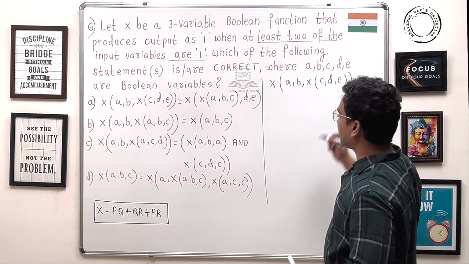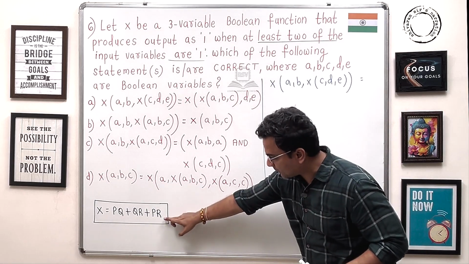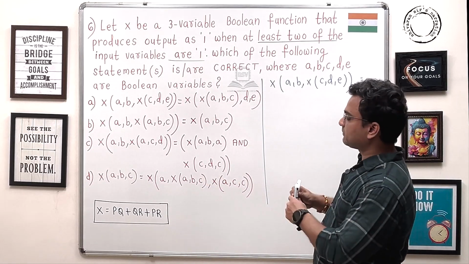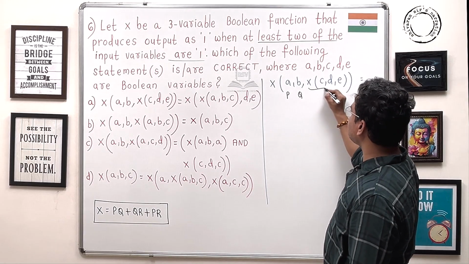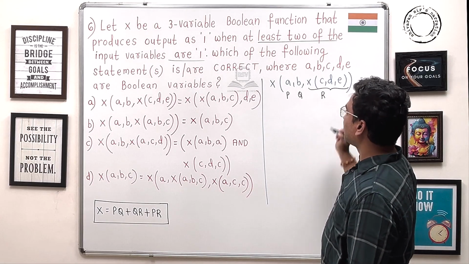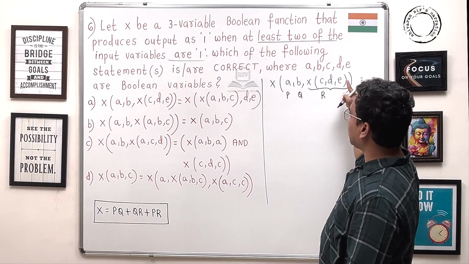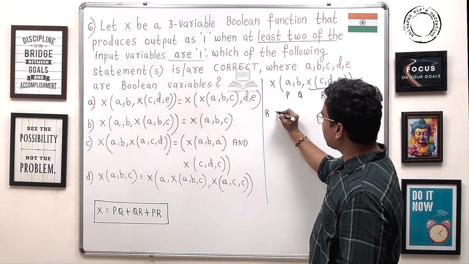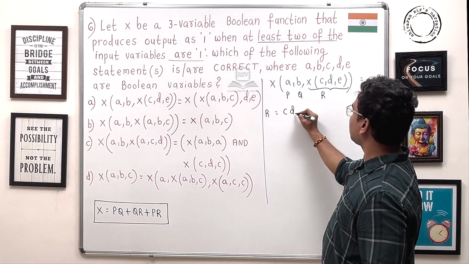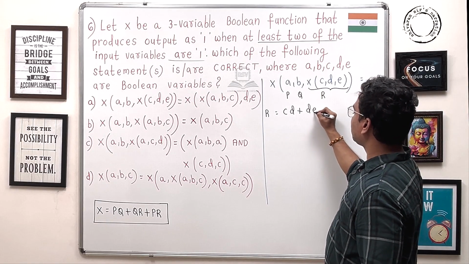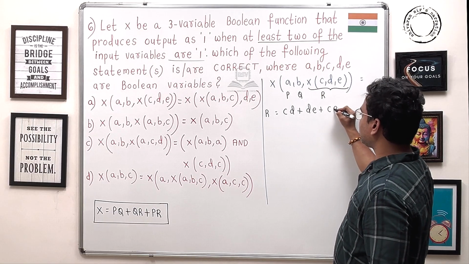X of A comma B comma X of C comma D comma E. Got it? Now, if you compare, this will be P, this will be Q and this will be R. Now, what is this R? Again, as per this, it is CD plus DE plus CE.